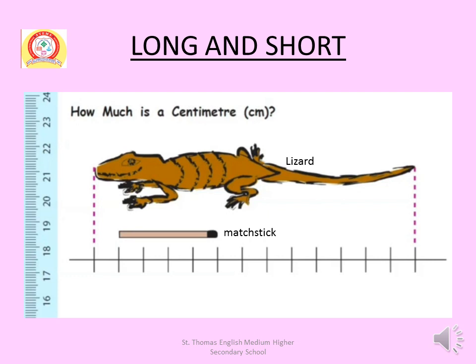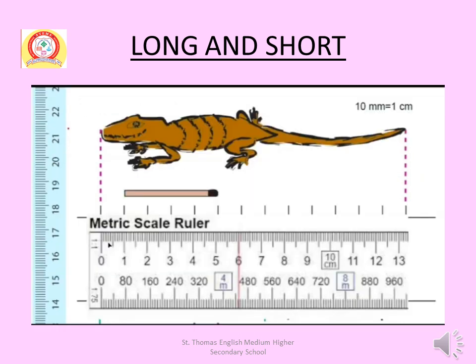In this slide, you can see the picture of a lizard and a matchstick which are being measured by a ruler. The ruler we use for measurement is called a metric scale ruler.